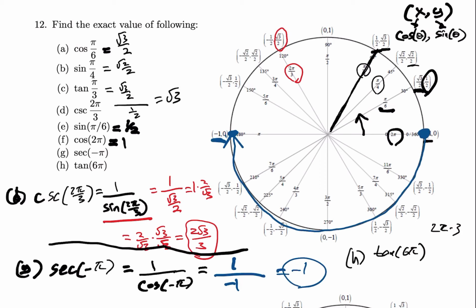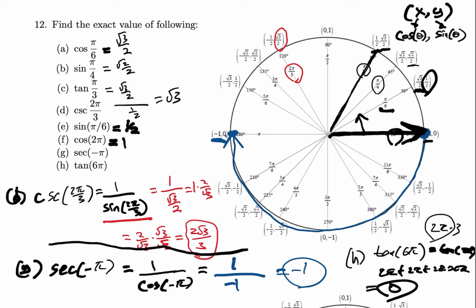So 6 pi is coterminal to 2 pi since it's rotating 3 times. If that's confusing, you can just think, 2 pi plus 2 pi plus 2 pi gives me 6 pi. So this is actually the same thing as finding tangent of 2 pi or tangent of 0. And what is the slope of this terminal ray? Slope is 0. So the answer is 0.